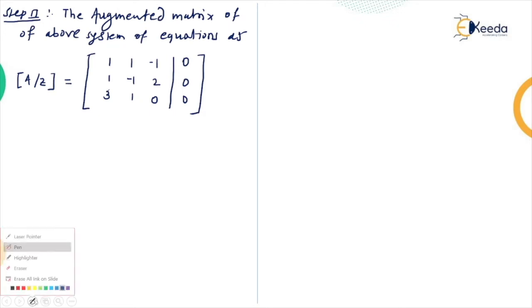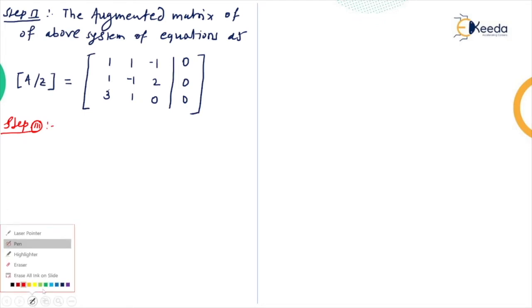Now we go to step number three. In step three, we have to convert this augmented matrix into echelon form.